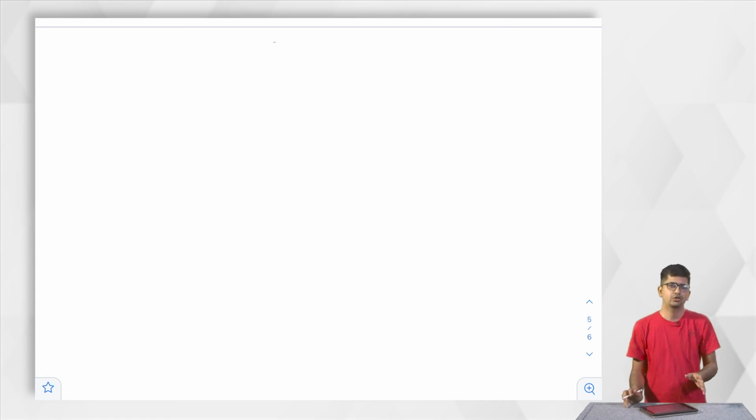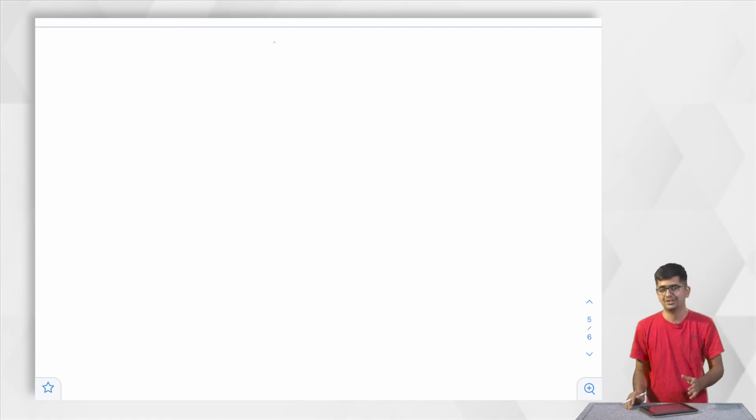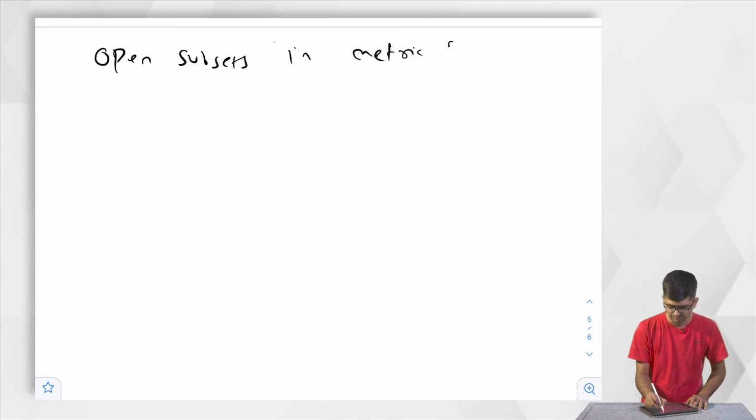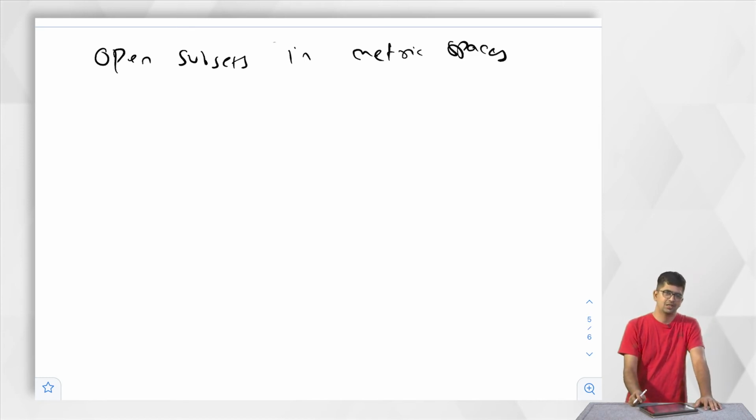Now we will try to get another equivalent definition of continuous functions using the so-called open subsets of a metric space. In real numbers, I might have mentioned the notion of a closed subset of real numbers. There is also an open subset.